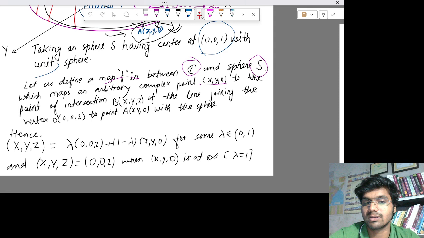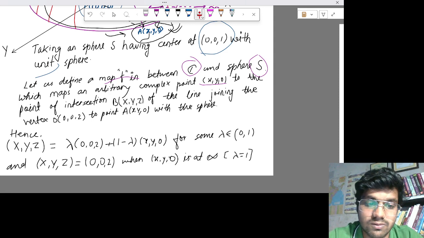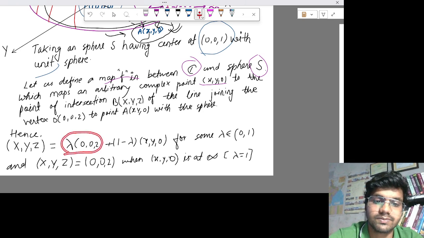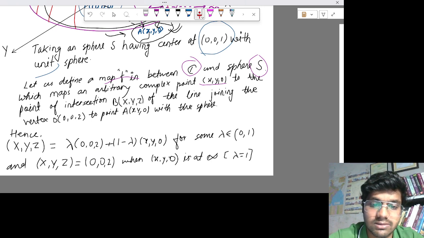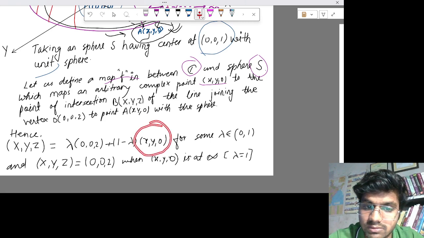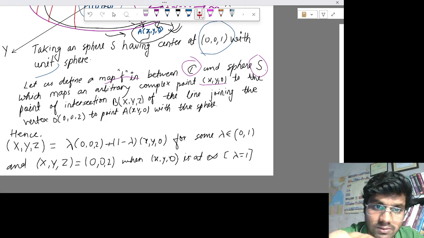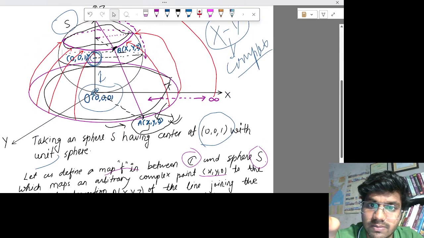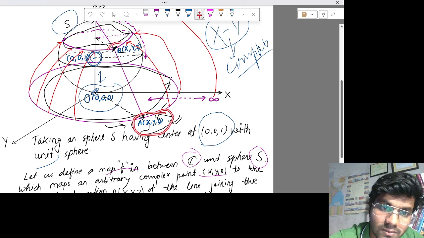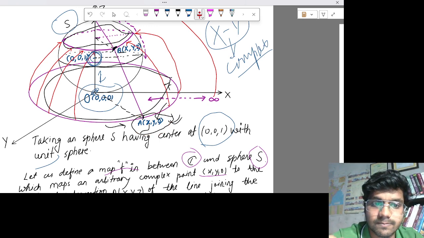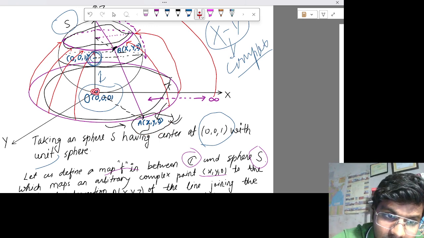When we take lambda equal to 0, x, y, z will be x, y, 0, which is not the case. These two points cannot be the same unless the point is the origin.